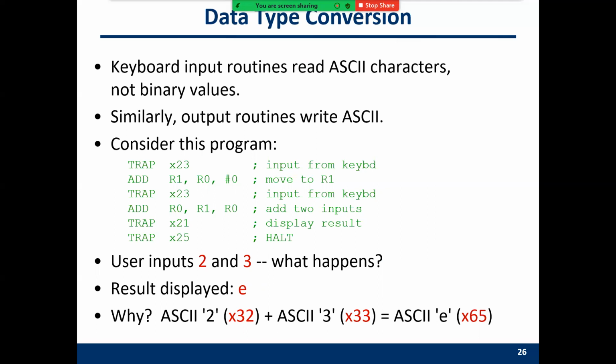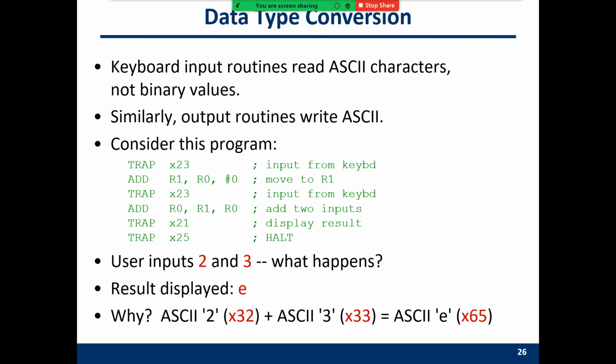So basically, this program can read some ASCII character from the keyboard and then convert it to the integer. So you can see this. The trap means receive one ASCII character from the keyboard.